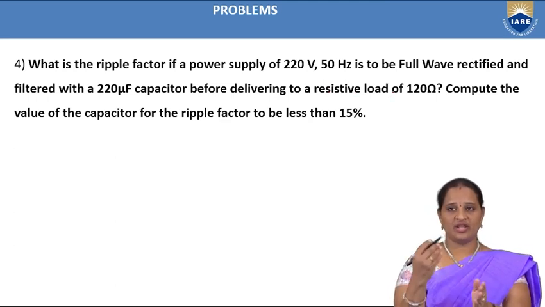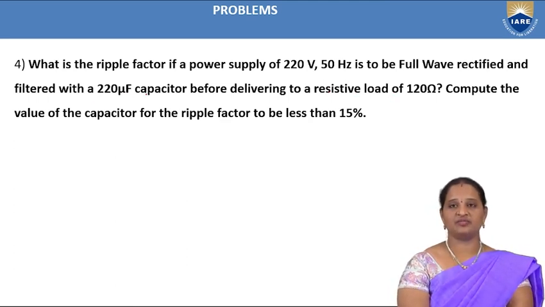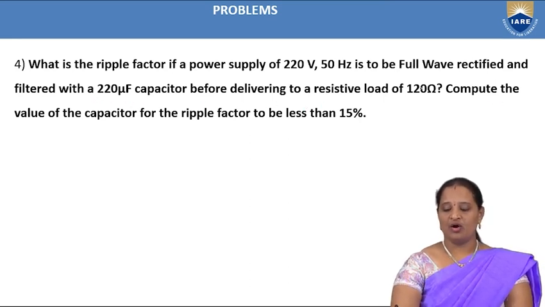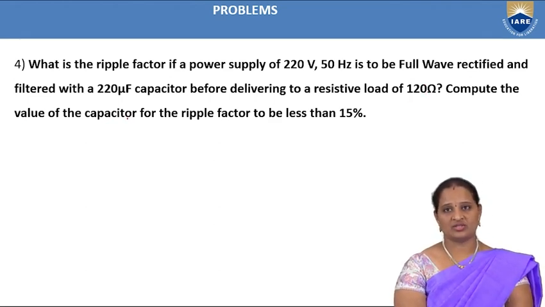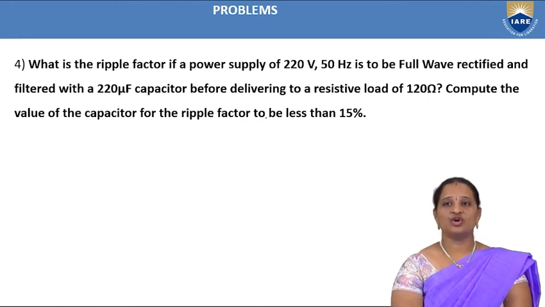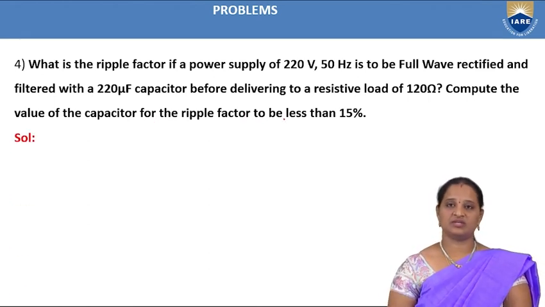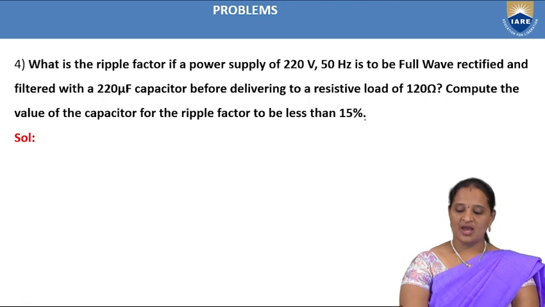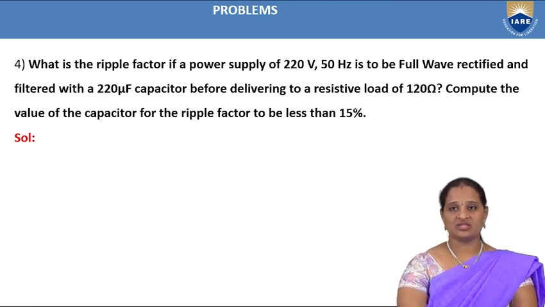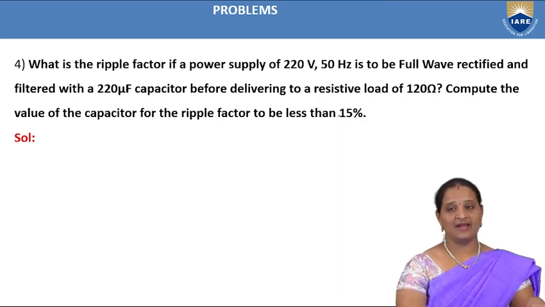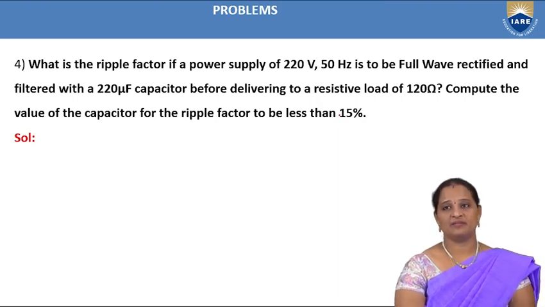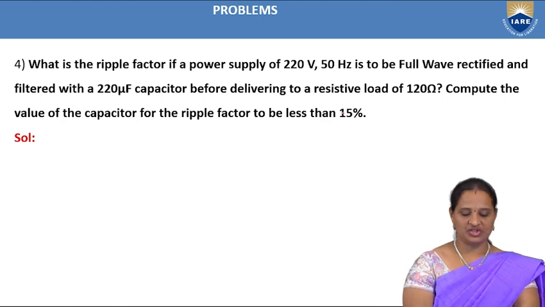That means before delivering to the resistive load, it should be filtered by a capacitor of 220 microfarad, and the load resistance is also given, that is 120 ohm. Compute the value of capacitor for the ripple factor to be less than 15%. That means he asked us to find the capacitance value required for a new ripple factor which must be less than 15% of the ripple factor for the above specification.